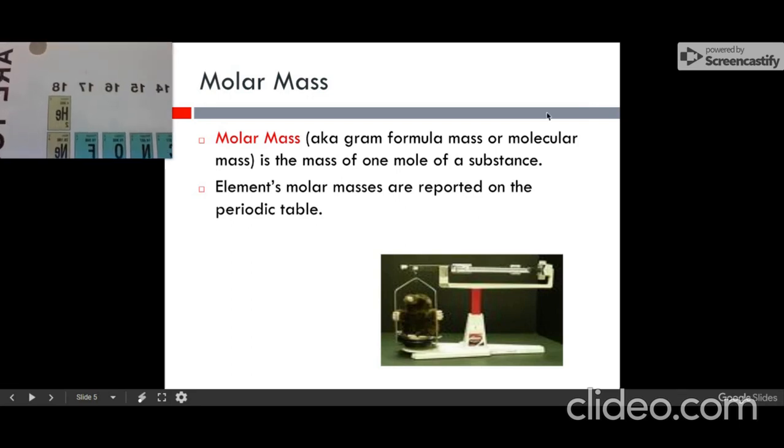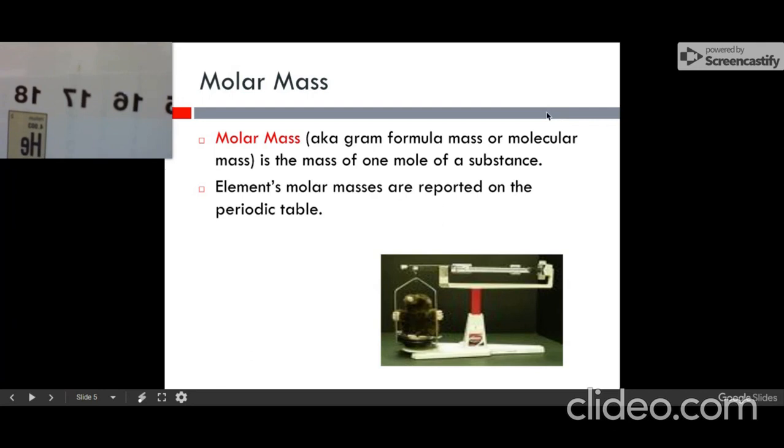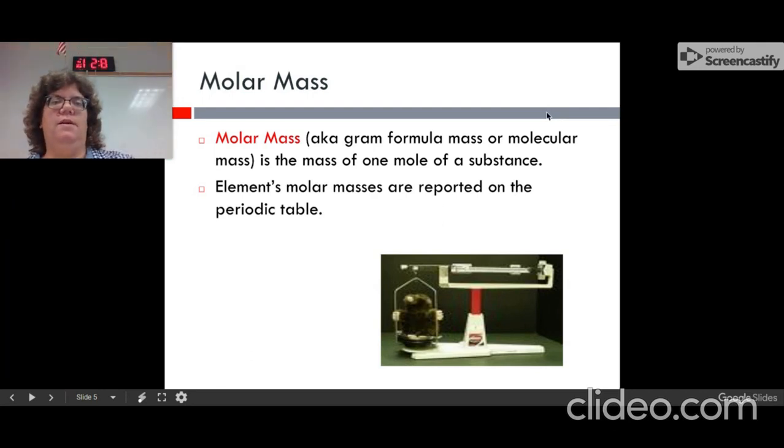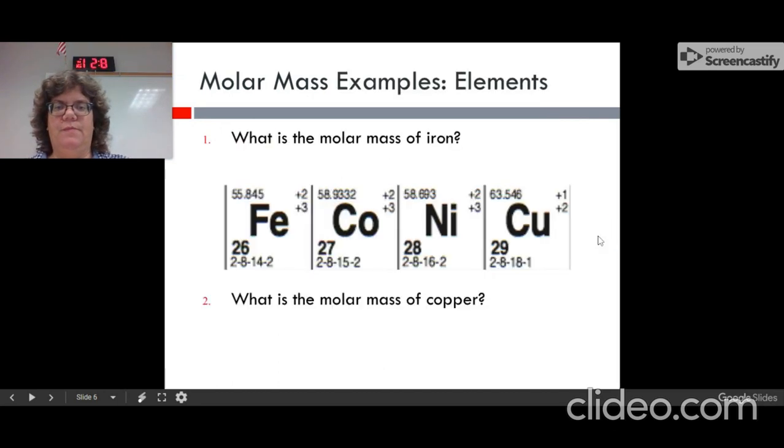All right, so I got me a little periodic table, and it's really hard to see, and it's backwards, but that's okay. The number above the symbol is the molar mass of that element. So when you go to look at the periodic table, the number you're looking for is that number above the abbreviation. For helium, it's 4.003. That is the molar mass of helium, how much 1 mole of helium weighs.